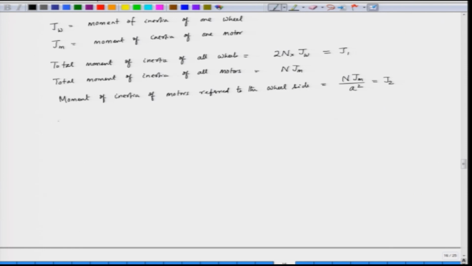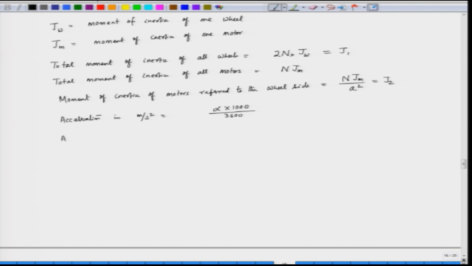So, acceleration in meter per second square: we have acceleration alpha in kilometer per hour per second, that is this into 1000 by 3600.